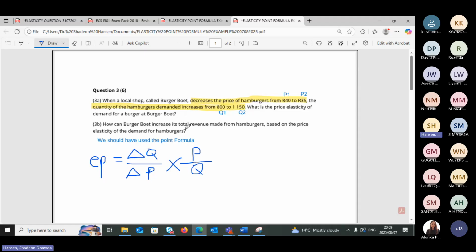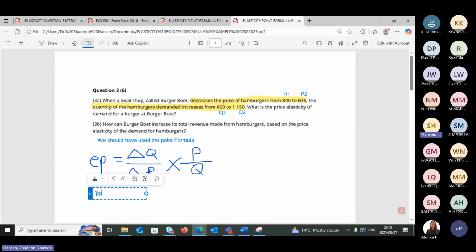So what we are going to do is follow this formula. Now we do our substitution. We know it's EP. The change in quantity is quantity 2 minus quantity 1. We divide that by price 2 minus price 1, that is the change in the price. We multiply that. Now look at this price over quantity.